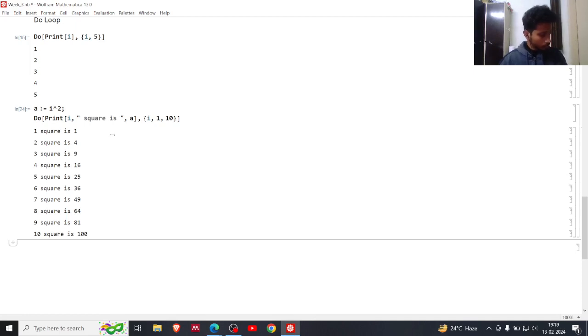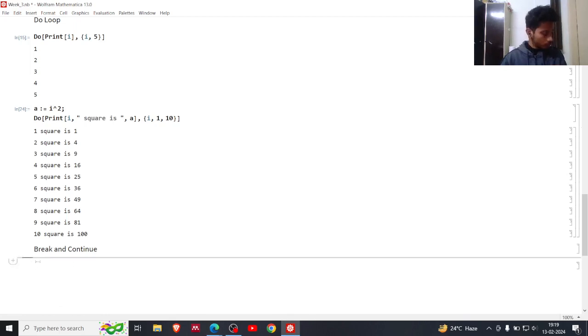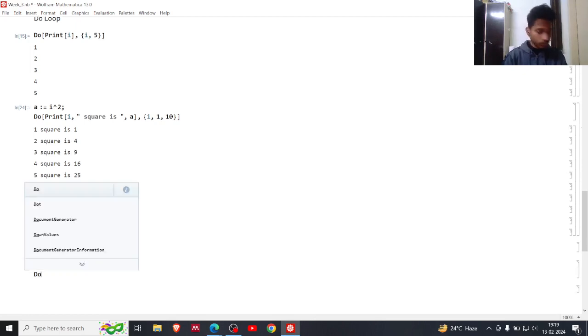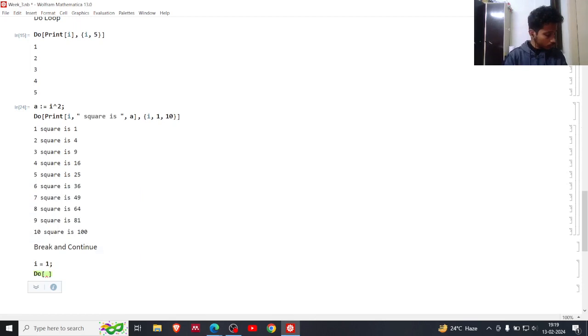Now there are commands like break and continue. Okay, so I equal to 1, do print.